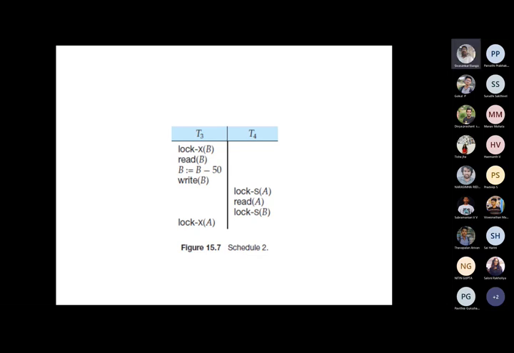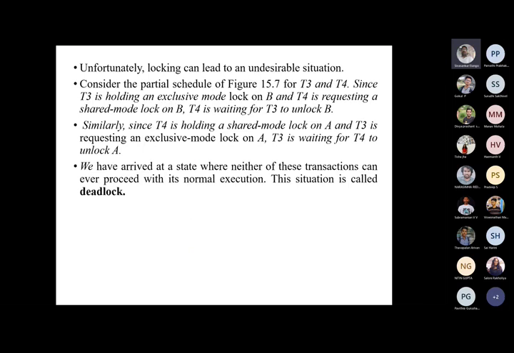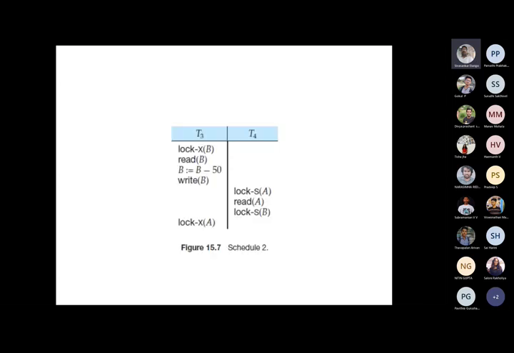So this is the first case, and the second case is that similarly T4 is holding a shared mode lock on data item capital A, and T3 is requesting an exclusive mode lock on data item capital A. So T3 is waiting for T4 to unlock A, right?